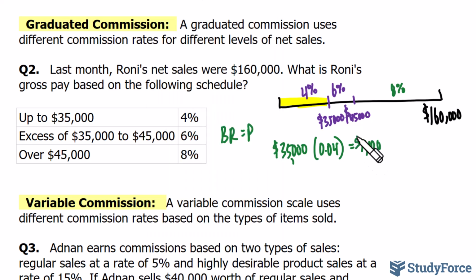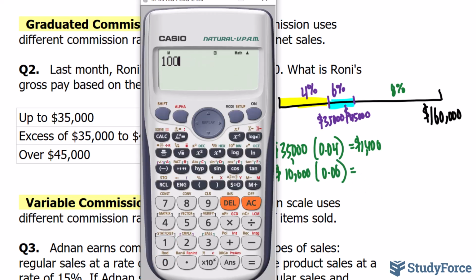So that's how much you will earn in commission in the first 35,000. Then 10,000, which is the difference between 45 and 35,000, this part, will earn 6%. So the difference is 10,000, and we'll multiply that by 0.06. 10,000 multiplied by 0.06 gives us 600.